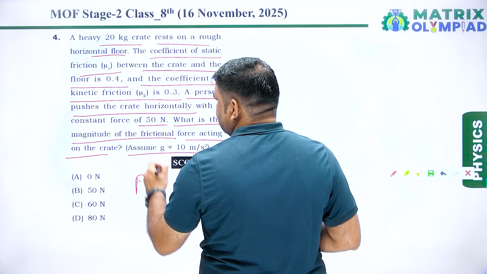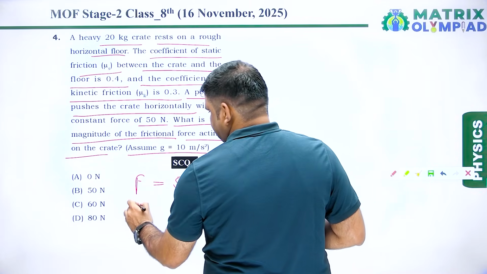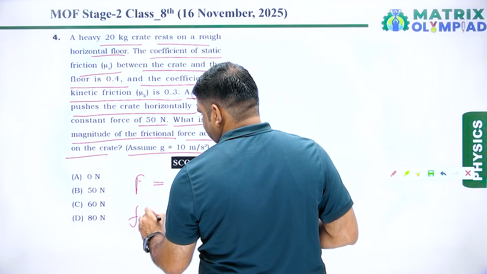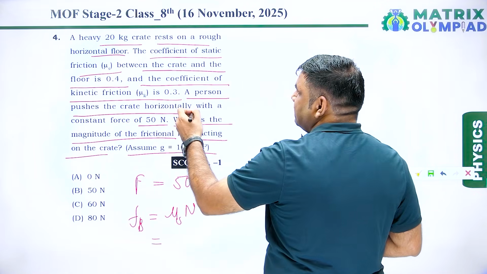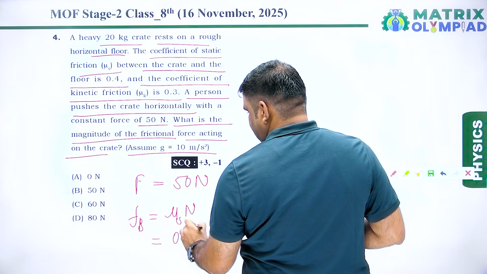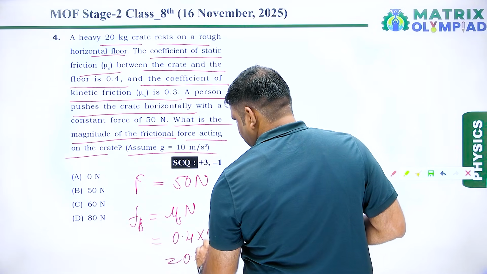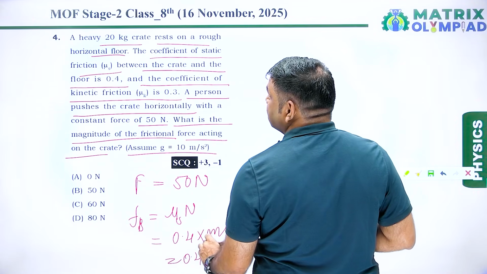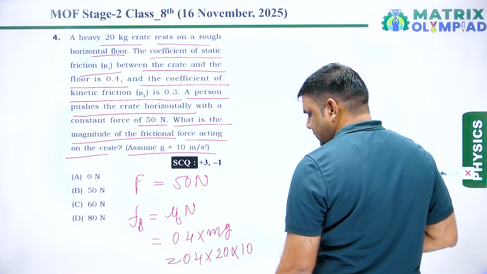So the applied force is 50 Newton and we will find the static frictional force, that is mu s into N. Mu s is 0.4 and N is mg. So 0.4 multiplied by m, which is 20, and g, which is 10.